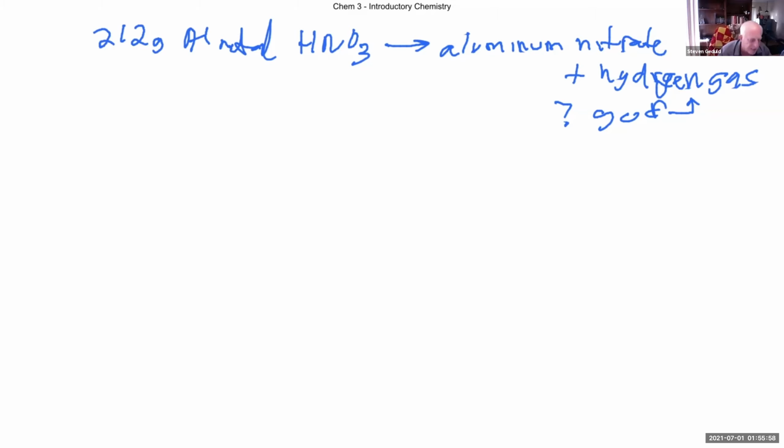So we have aluminum metal, so Al, plus nitric acid, HNO3. Okay. And it's going to go to aluminum nitrate. What's aluminum nitrate?